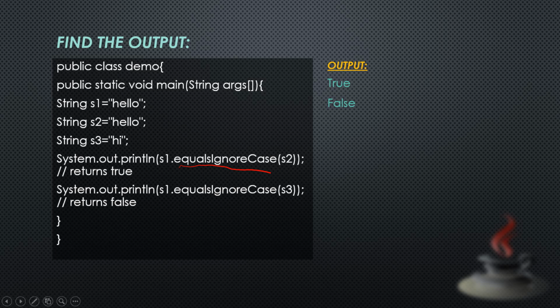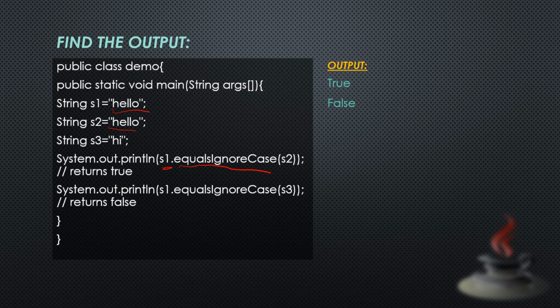Why? If you see the first statement, s1, equalsIgnoreCase means it does not compare with the case, whether it is case sensitive or not, whether it is capital H or small h, whatever it is. And compared with your string s2, both the strings are equal, that is hello.